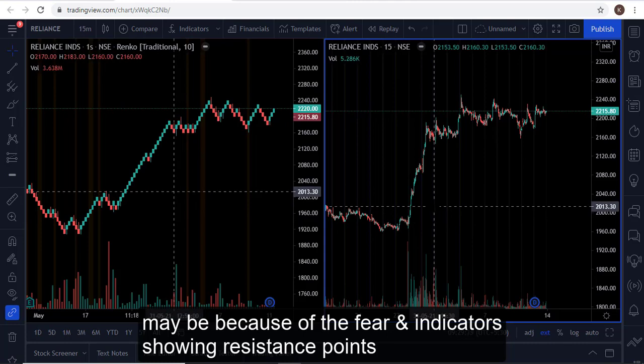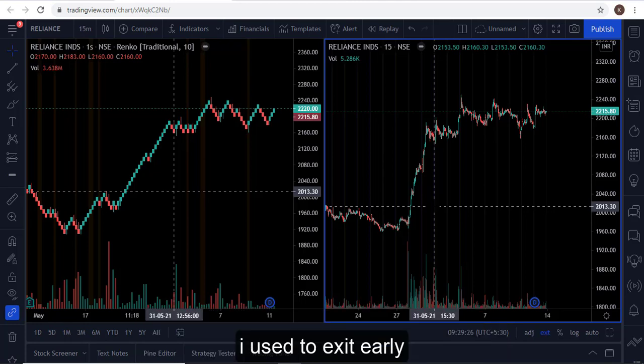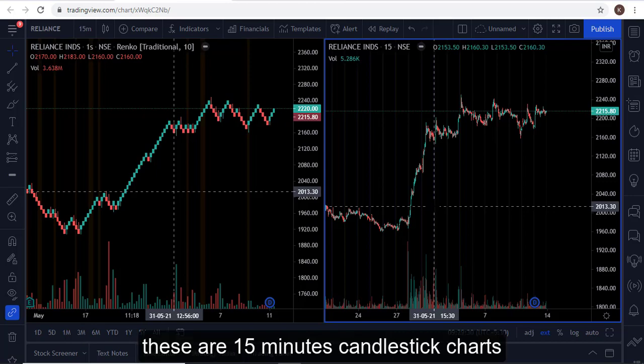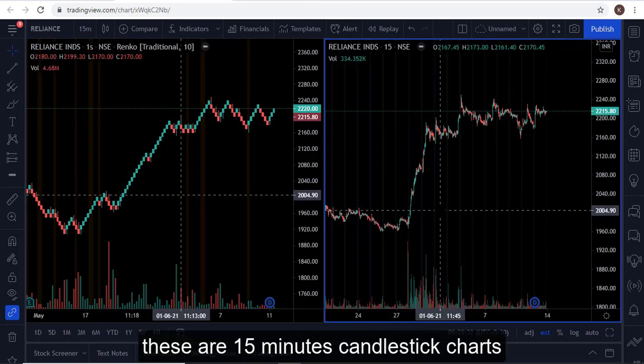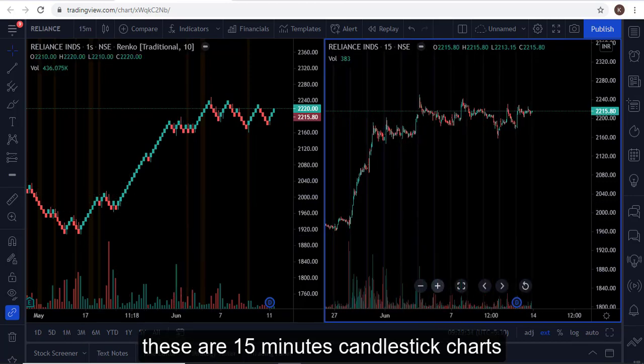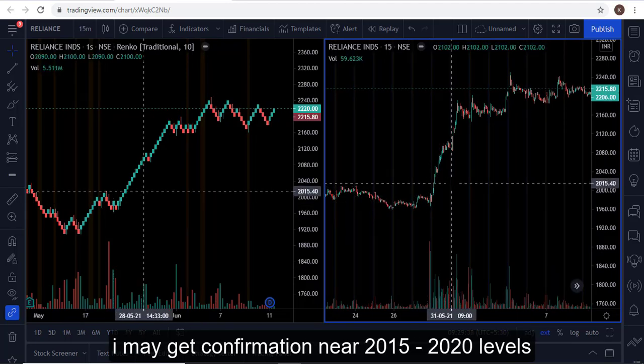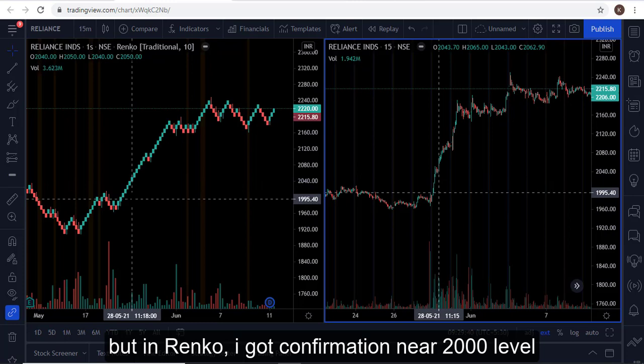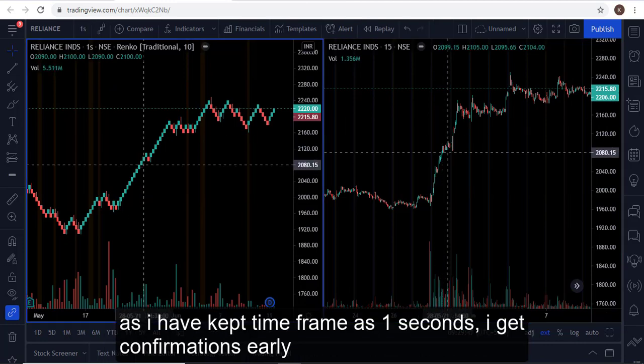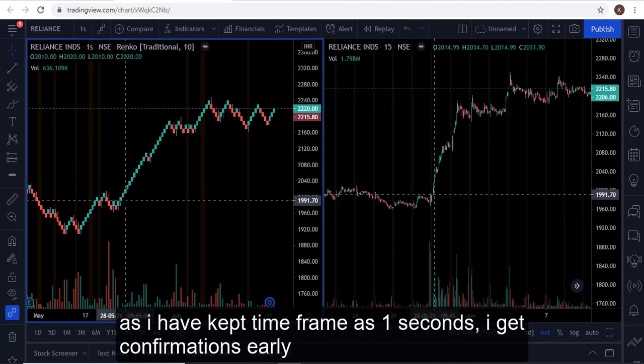When I used the candlestick chart, I was not able to capture most of the trend because of fear or something. Some indicator would be showing that it has reached the resistance point or something, and I used to exit early. This is a 15-minute chart, so I may get confirmation somewhere here at 2015, but in this I get confirmation at the 2000 level itself, as I have kept this as 1 second.